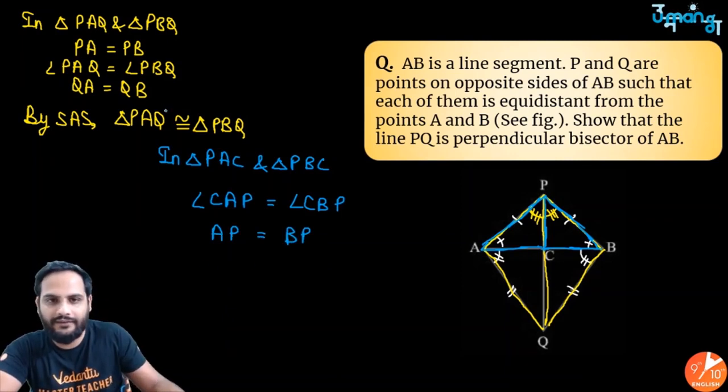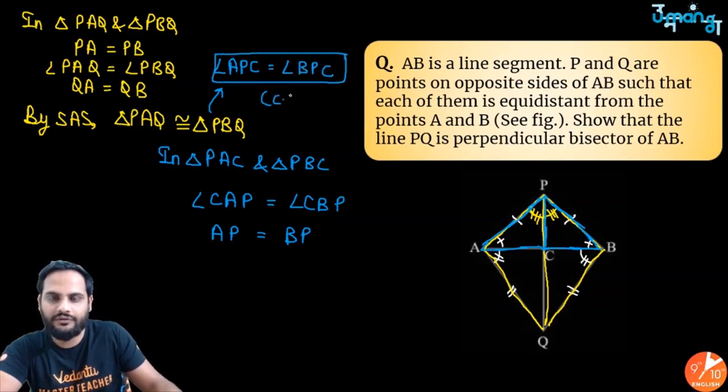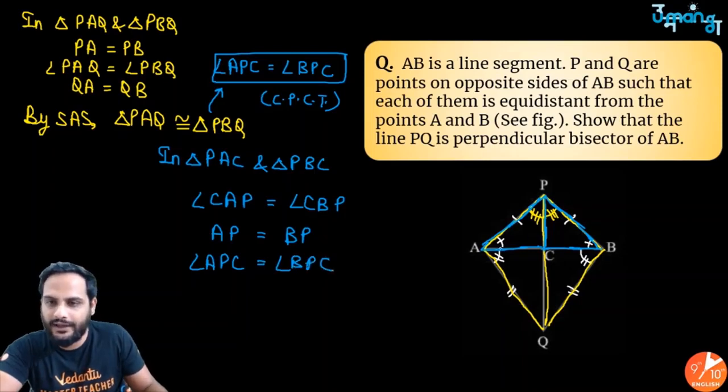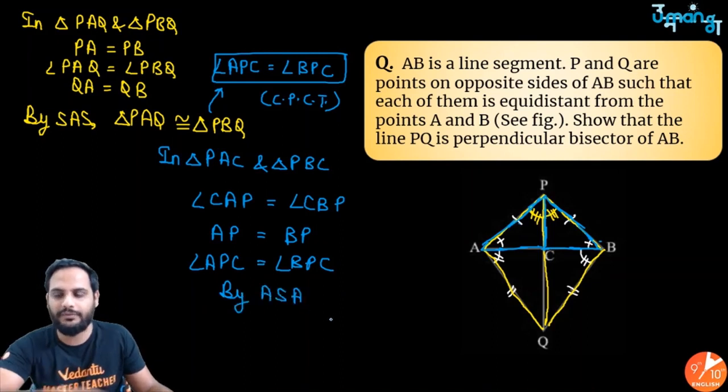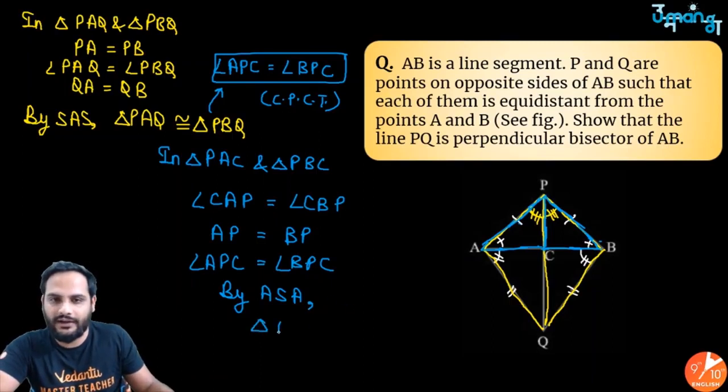And then from CPCT, from the last one, I can say that angle APC is equal to angle BPC. So I am using that over here. Angle APC is equal to angle BPC. Right? So, angle side angle. I can say by ASA rule, although this has been removed, since in this question it has been used, I am doing it. So by ASA rule, triangle PAC is congruent to triangle PBC.